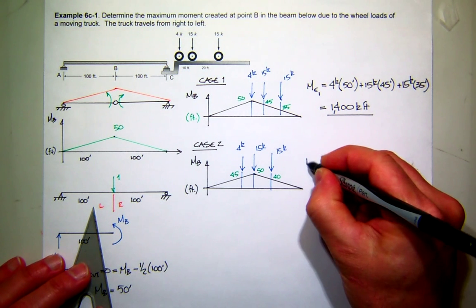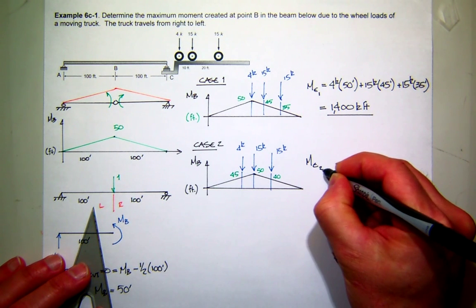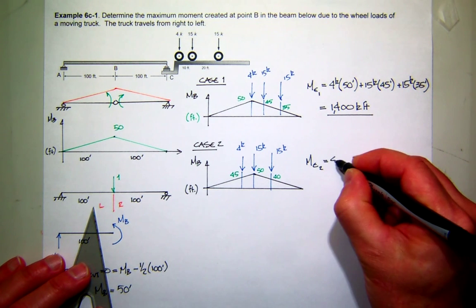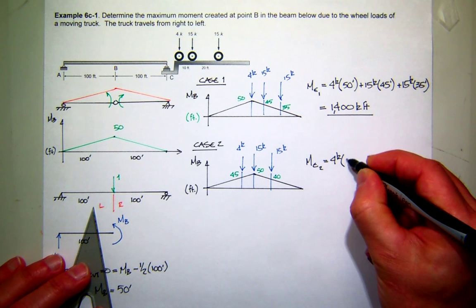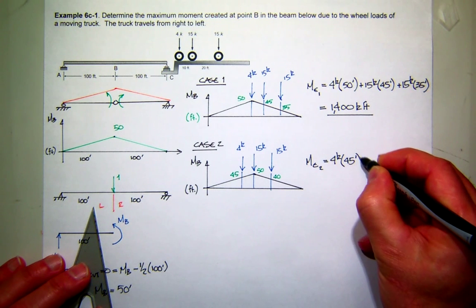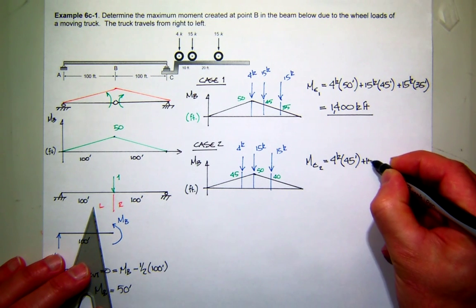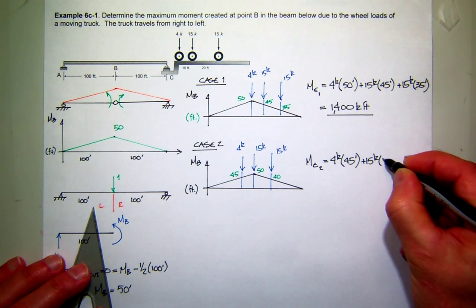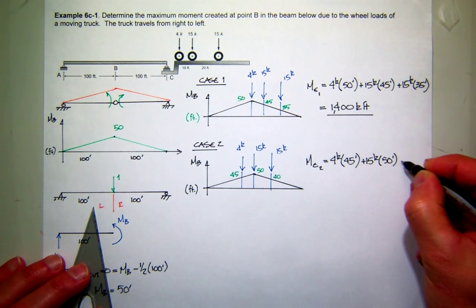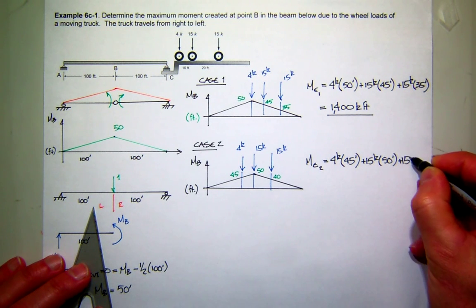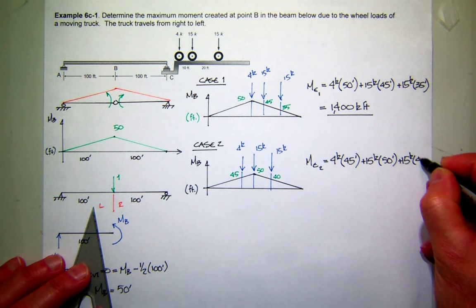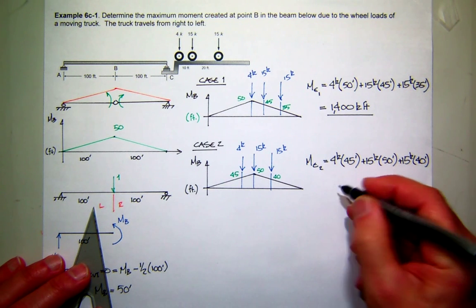So therefore, the moment at B, say for case 2, would be 4 kips times 45 feet plus 15 kips times 50 feet plus 15 kips times 40 feet. What's that equal to?